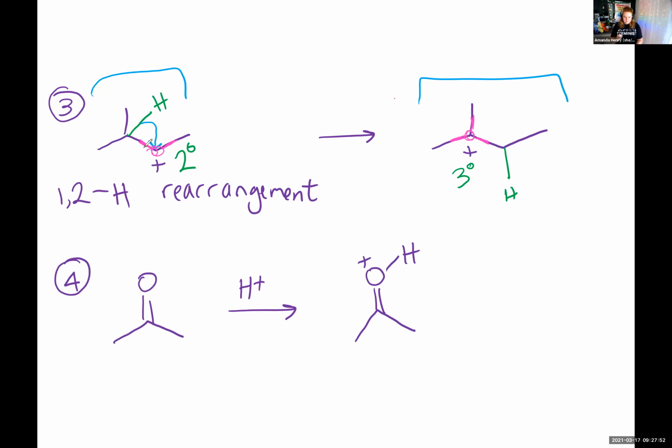You're welcome. All right, what's happening in step number 4? Anyone want to draw in our mechanism arrow that's missing? Perfect. And what kind of step is that? A proton transfer. It is a proton transfer.